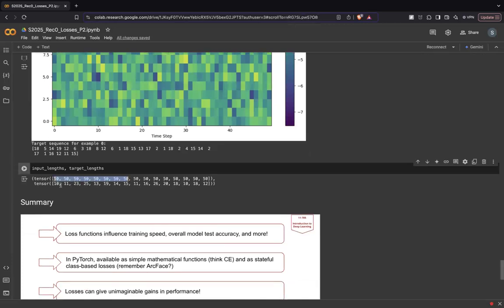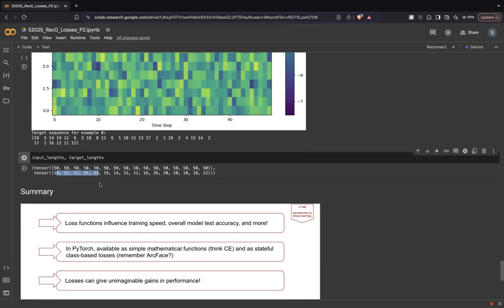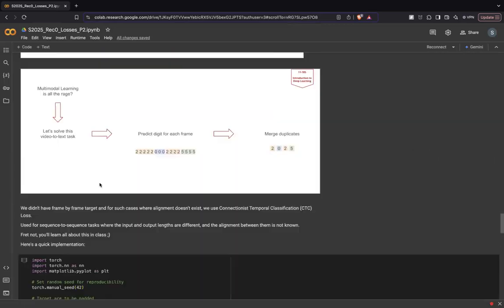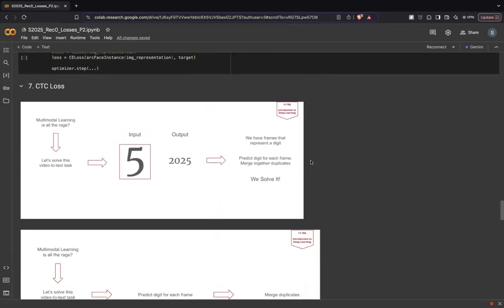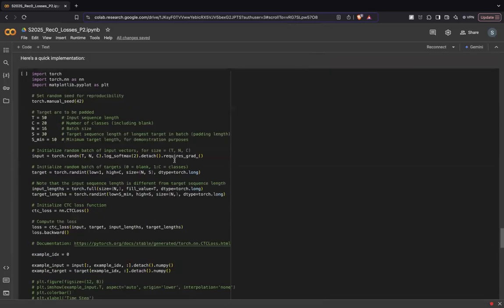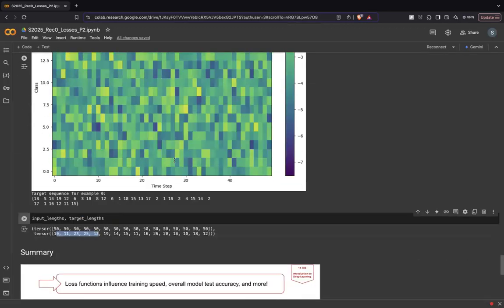Inputs are all 50 length, whereas the target can be 10, 15, 16, whatever, right? And the model would learn to not just go over these frames to predict the digits, but also to merge them together in such a way that the final output matches the output that we already have from the task. That's CTC loss, or the gist of it.